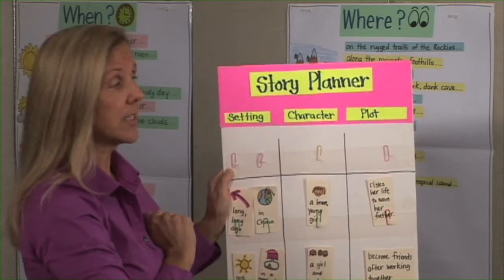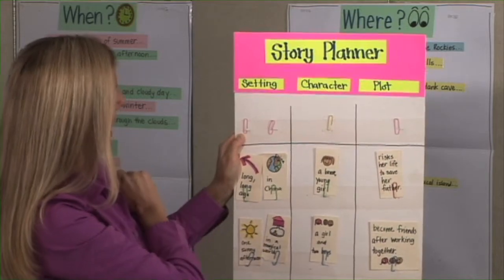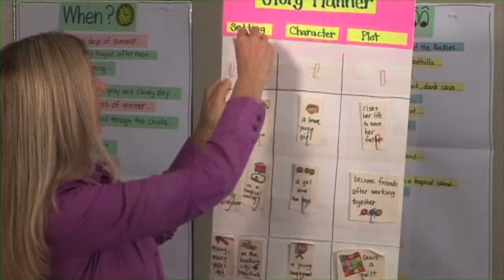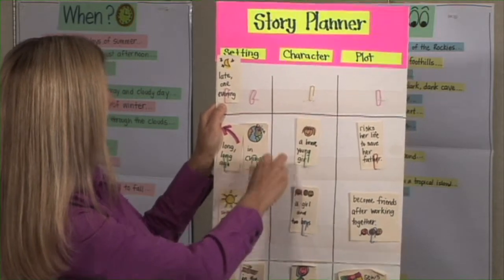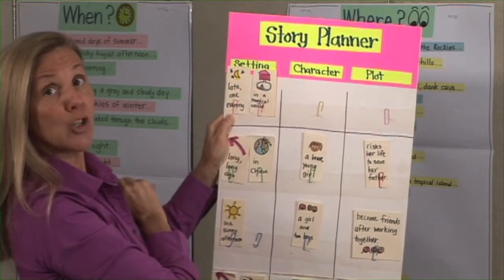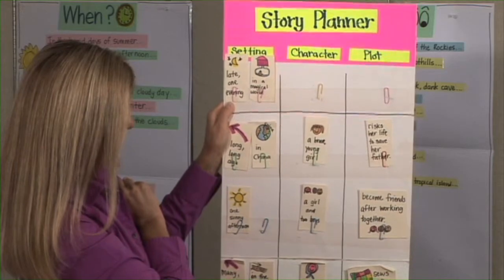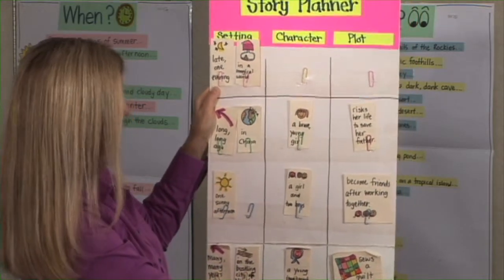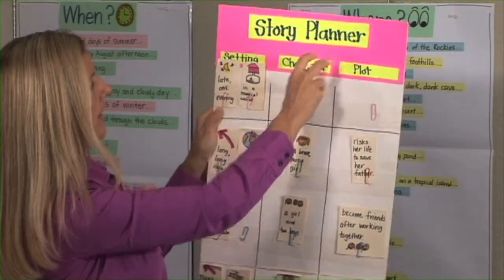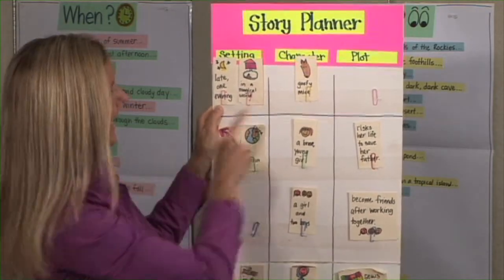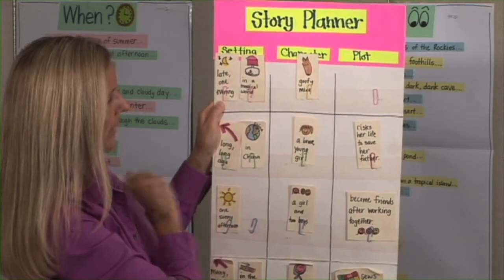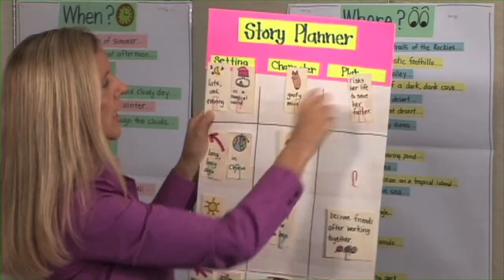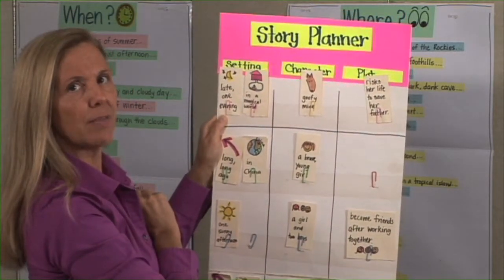Watch how they do this. Let's say that we want to have a setting. Let's have this setting. Late one evening. Let's have the setting here. In a magical world. Who could be in our setting? Goofy mice. Plot. What could we say happens in our setting? Risk their life to save their father.